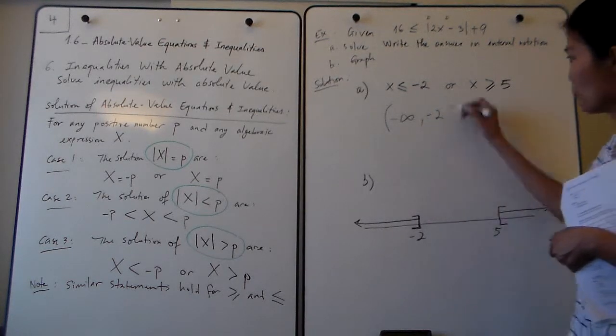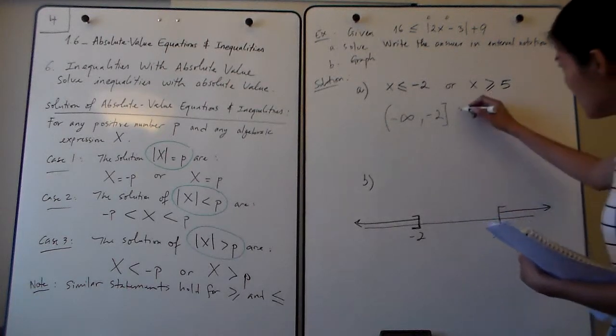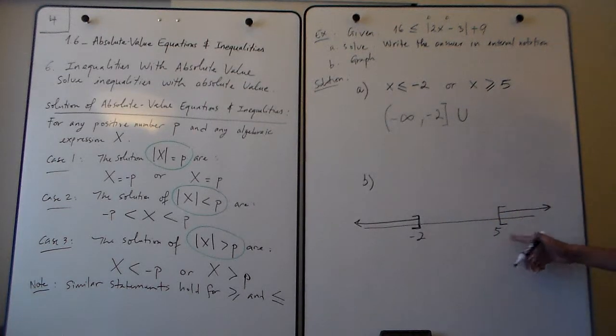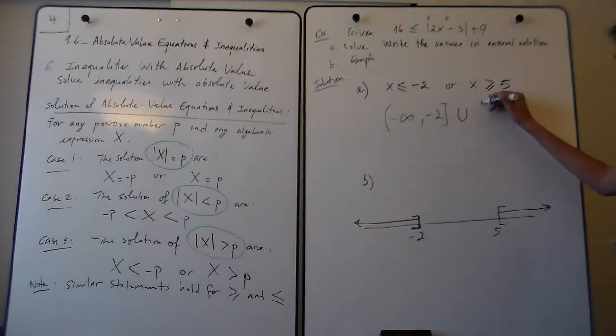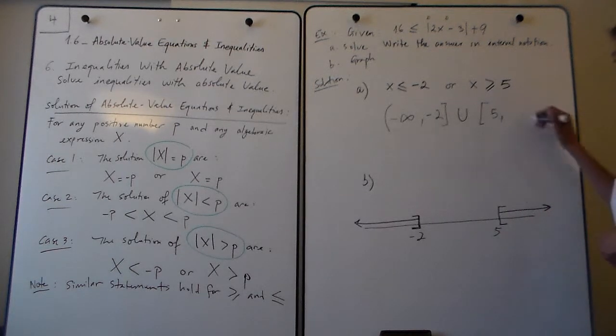Since we're including it, we use a bracket. And then this is union, because of OR, with the solution right here, starting with the left-hand point, including it, bracket 5, extend to the right, positive infinity. And for infinity, it's always a parenthesis. For positive infinity, we use the right parenthesis. Okay?